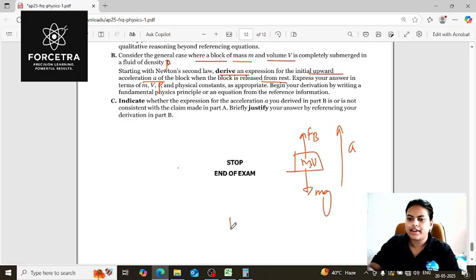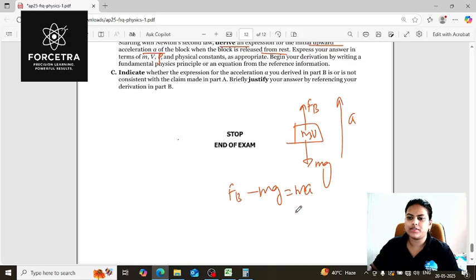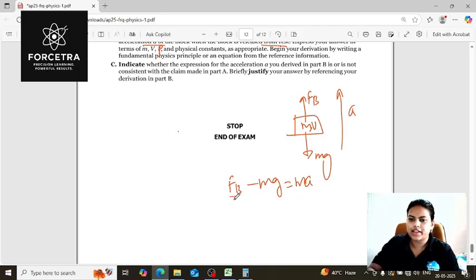So I can write Fb minus mg is equal to the mass times the net acceleration in the upward direction. Fb, the buoyant force, is equal to the density of the liquid times the volume of the displaced liquid. The volume displaced is equal to the volume of this block. That's why rho V g minus mg is equal to the mass times the acceleration of the block.